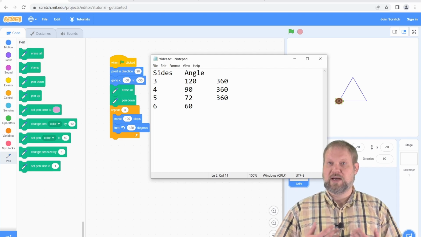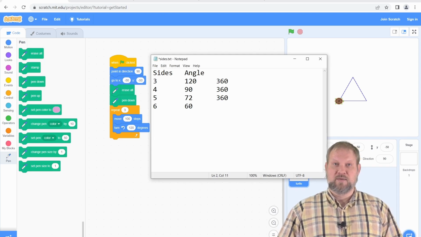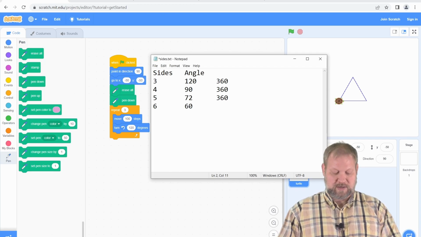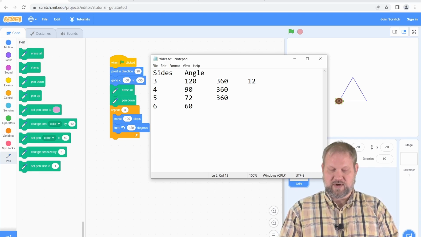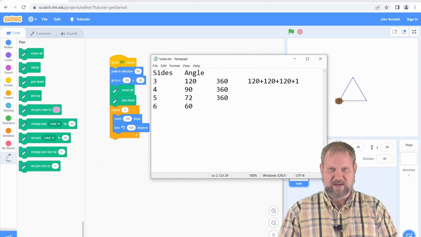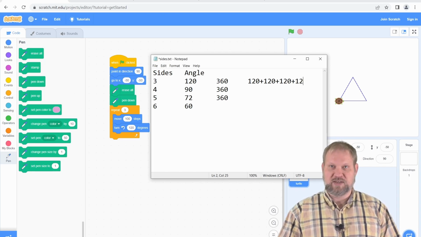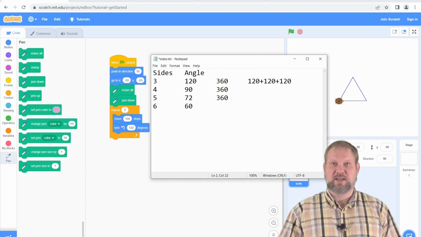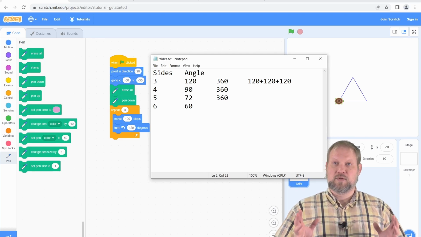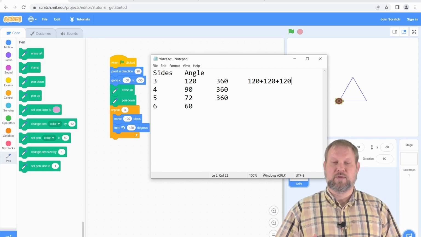And if you haven't really introduced multiplication yet, we can say, oh, well, our angle is 120, and we have 3 of those. So we can actually do this with addition as well, which, of course, is the definition of the math. We could do the sum of the 3 sides of 120 and see that that comes out to be 360. So there's lots of different ways we can manipulate and work with this in a very concrete way.